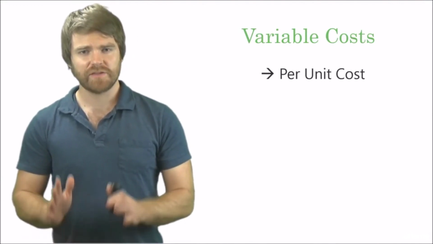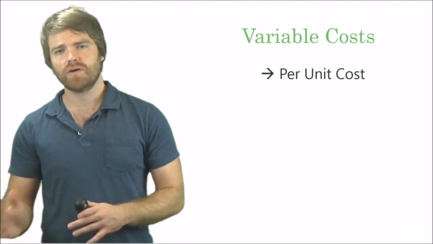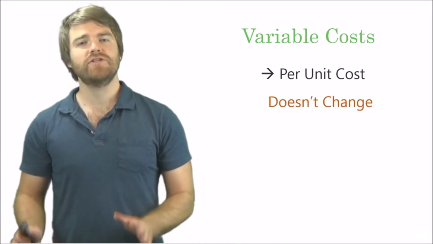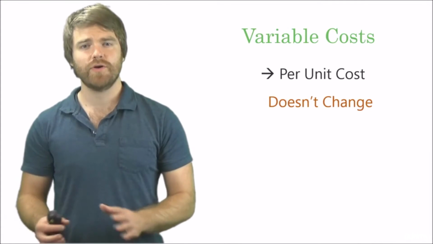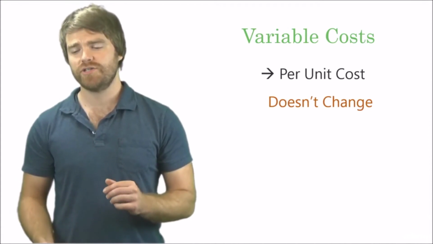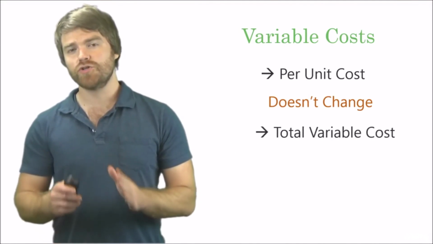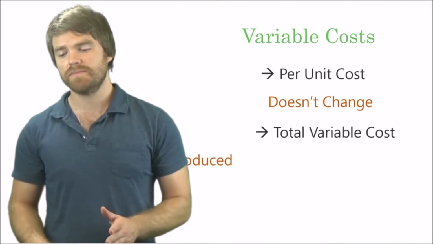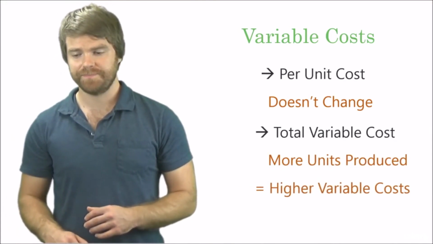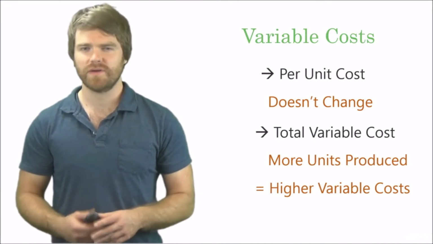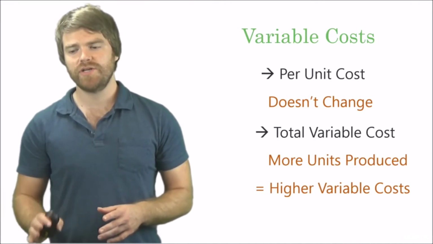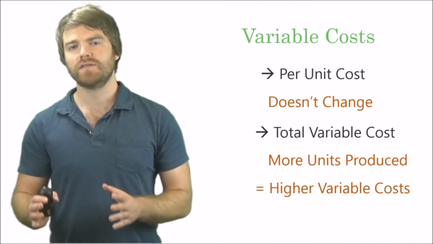Remember, it's $1,000 per car or per unit. That doesn't change, okay? Your per unit costs generally do not change. Now what does change? Your total variable cost. The more units you produce, the higher your variable cost, right? Take a look one more time. The per unit cost doesn't change, but your total variable cost does.